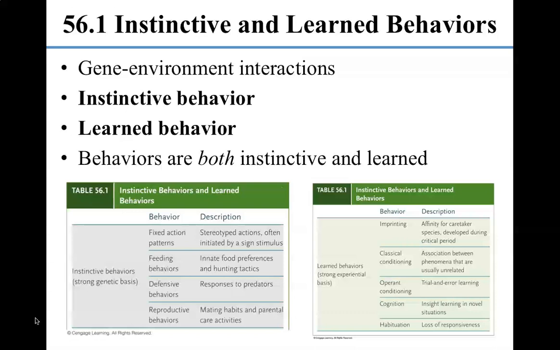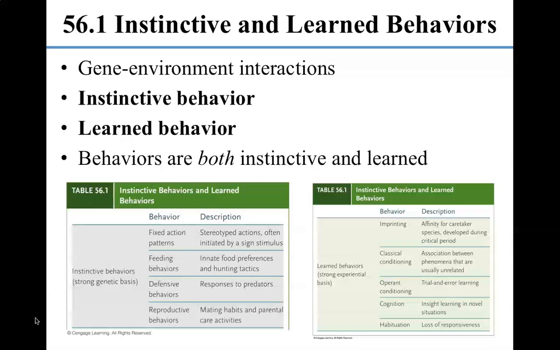Compare those with learned behaviors. Learned behaviors are things like imprinting and classical and operant conditioning, cognition, habituation. We'll talk about all these in turn, but basically these are behaviors that can be shaped by experience, or can be learned from other members of the population or the species, or maybe even from watching other species.